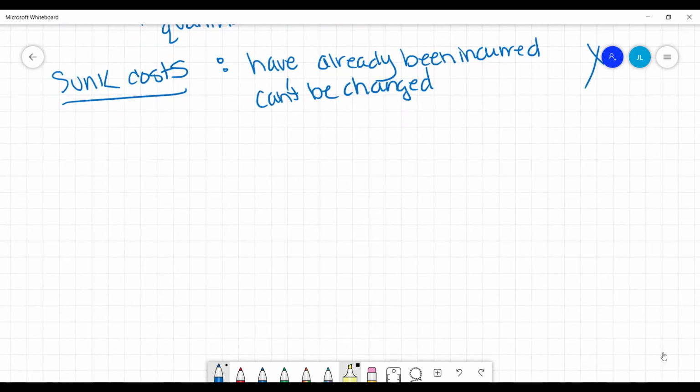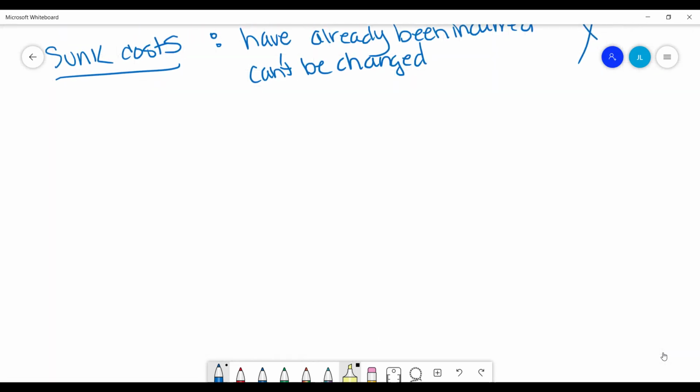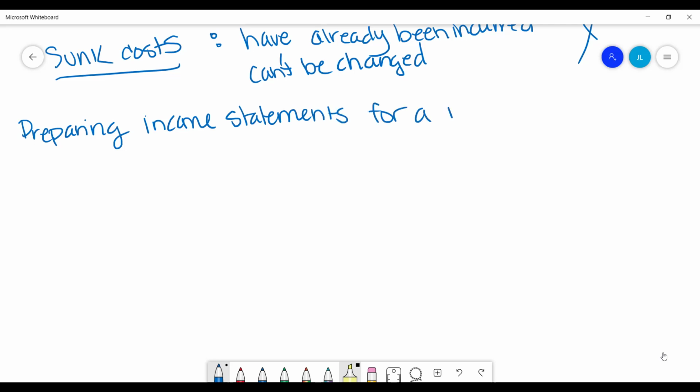Okay, and then we're on to our last point, which is preparing income statements for a merchandising company.